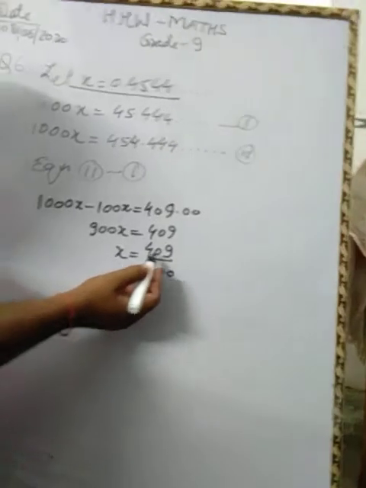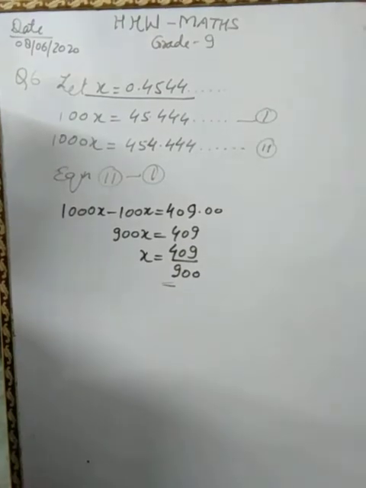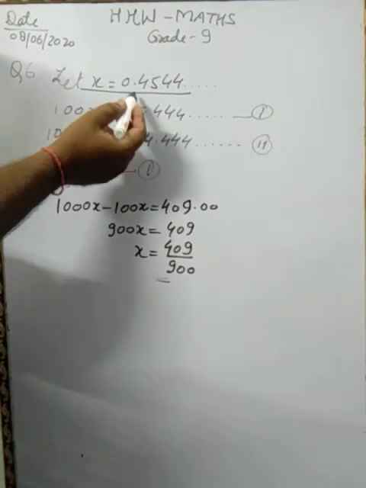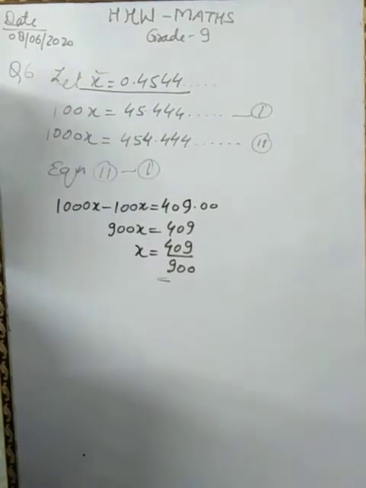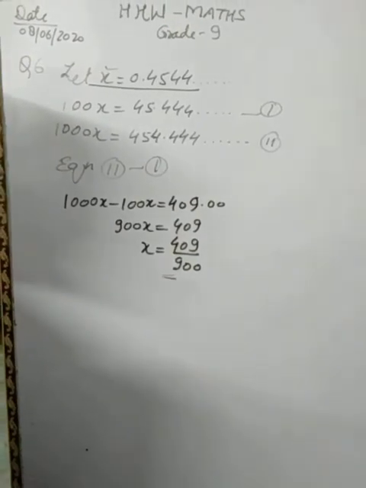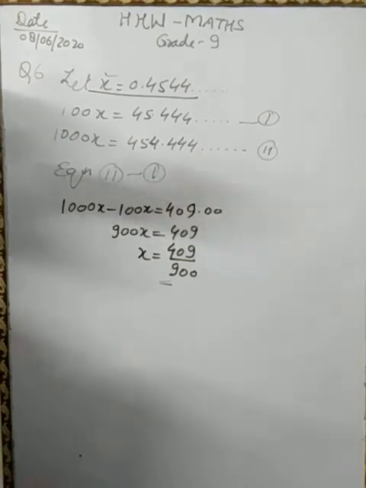Therefore x equals to 409 upon 900, and this is the required number, because in the beginning we have considered that the given number 0.45444 is equals to x. Got it? Very good.